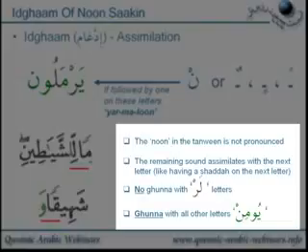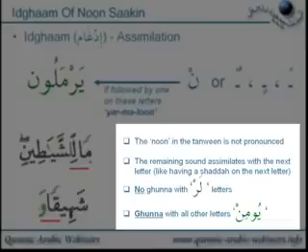The remaining sound, i.e. if we drop the Noon in, let's say, Fathatain, so if it's an, we drop the Noon, we have a left, will assimilate with the next letter. And when we say assimilate to the next letter, it's as if you're going to put a shadda on the next letter. That's the assimilation. Then we need to break it down.